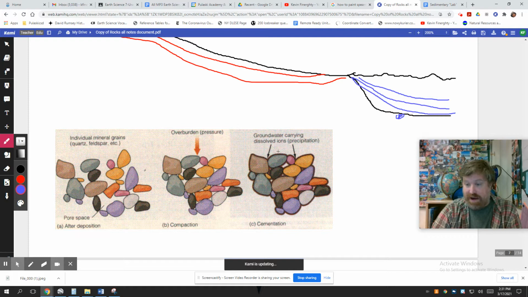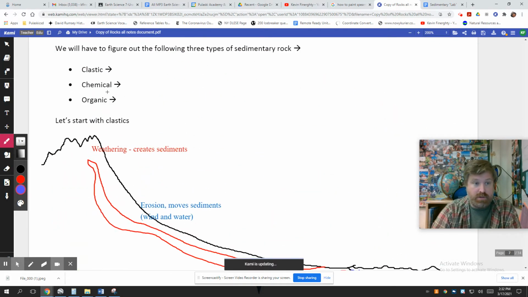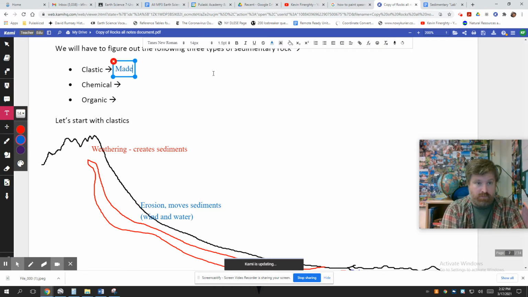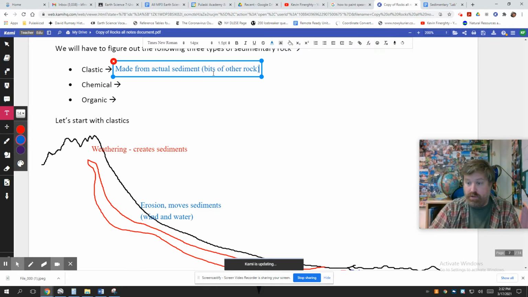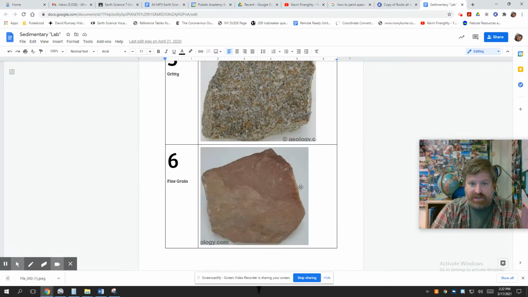So clastic rocks are the ones that are literally made from other bits of rock, made from actual sediments. So bits of other rock, which is going to be one of the things you look for. Now, your rock lab, your drawer of rocks looks like this.